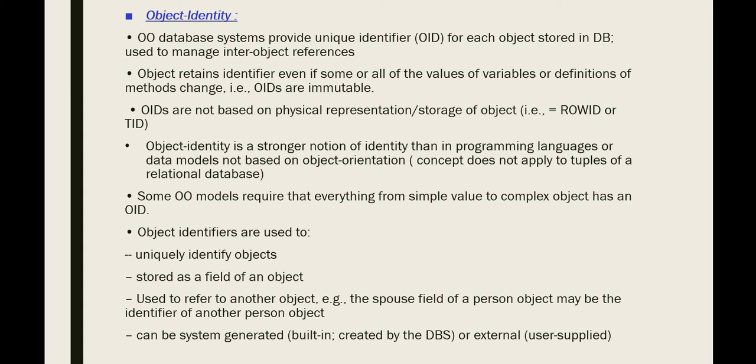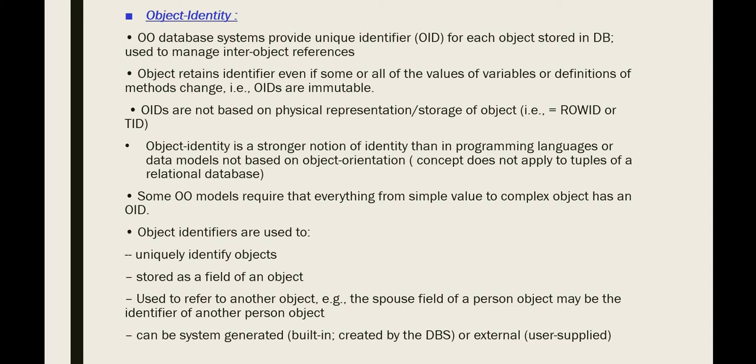Some object-oriented models require that everything from a simple value to a complex object has an object ID. Object identifiers are used to uniquely identify objects. It is stored as a field of an object. It is used to refer to another object.